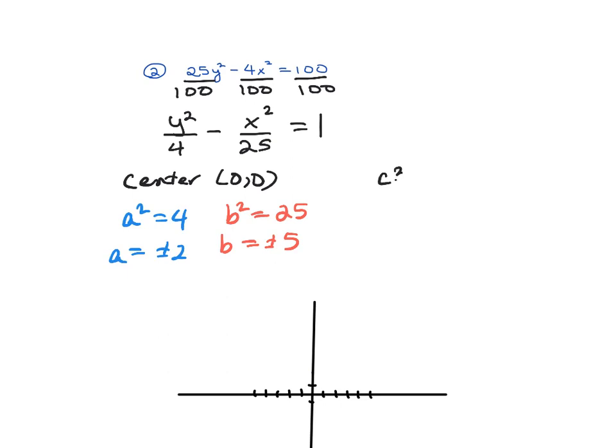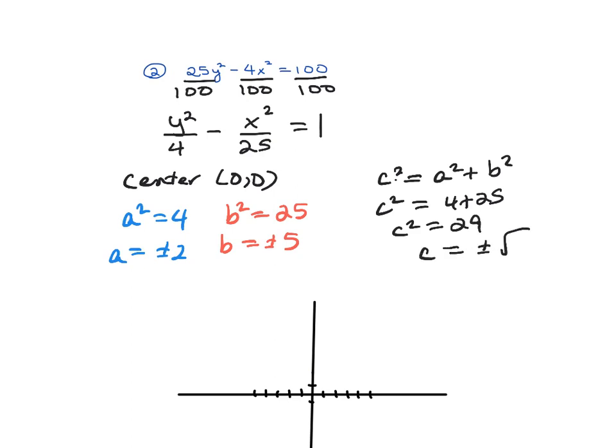C squared equals a squared plus b squared. Remember, it's a plus sign. So c squared equals 4 plus 25. C squared equals 29. Square root it, plus and minus the square root of 29.